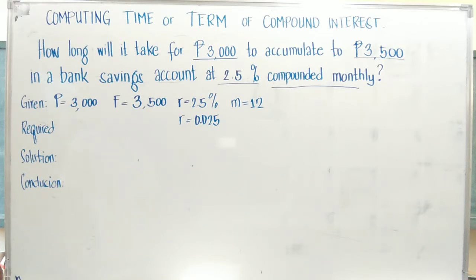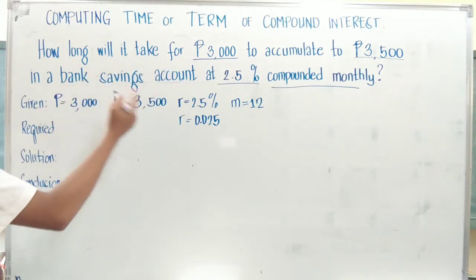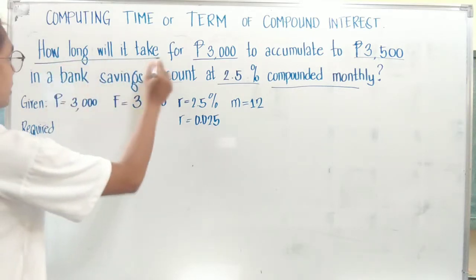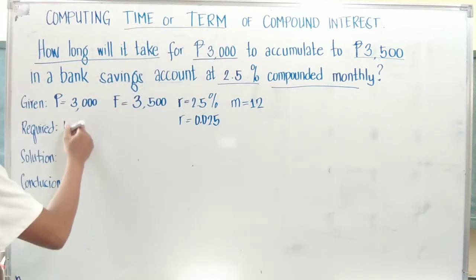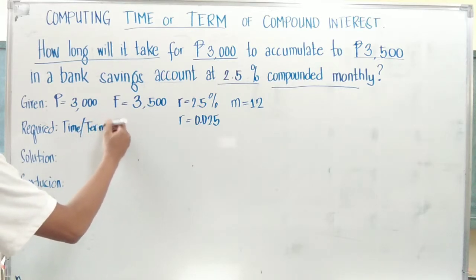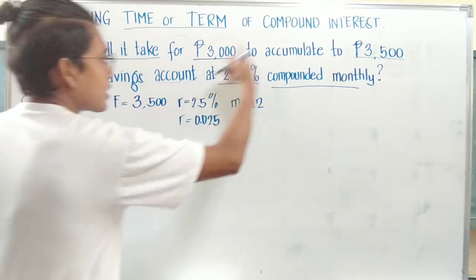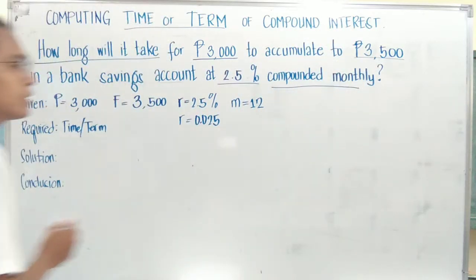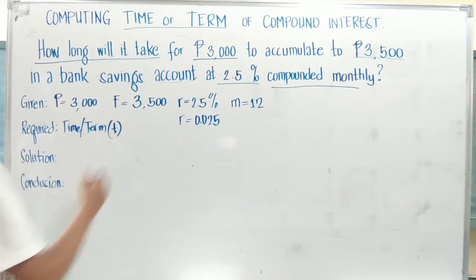Then for our required, from the question of the problem, how long will it take? Of course, we are solving for the time or the term of the investment or savings account for 3,000 to accumulate into 3,500. So we will be solving for the time or term.